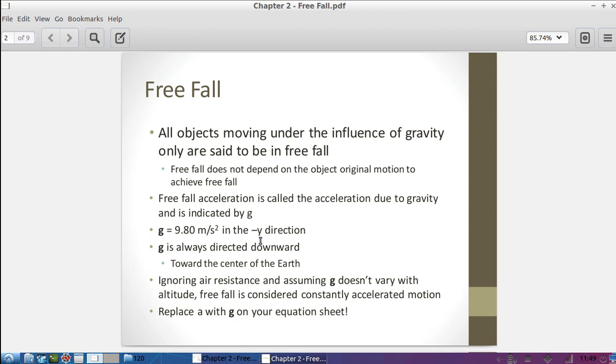I'm going to go through the equations, and then we'll talk about how we handle the direction of g. Some people do it differently, but there's a negative sign issue with our kinematics equations that can get us confused and lead to some errors. So I'm going to show you how I handle free fall.